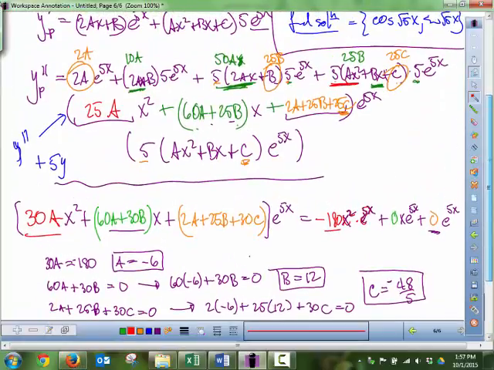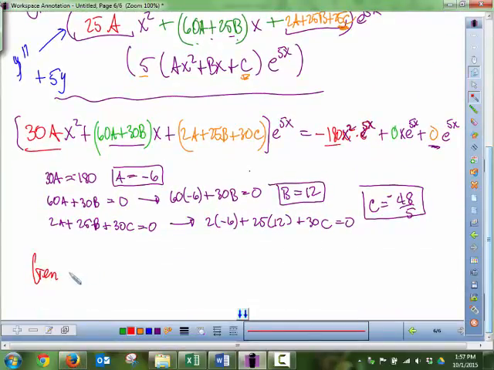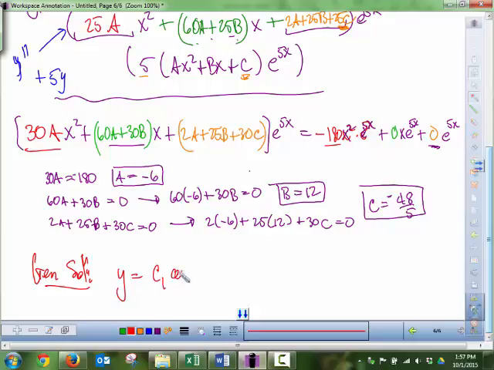So we want C1 times the cosine of root 5x plus C2 sine of root 5x plus a combination of minus 6x squared plus 12x minus 48 over 5 times e to the 5x.